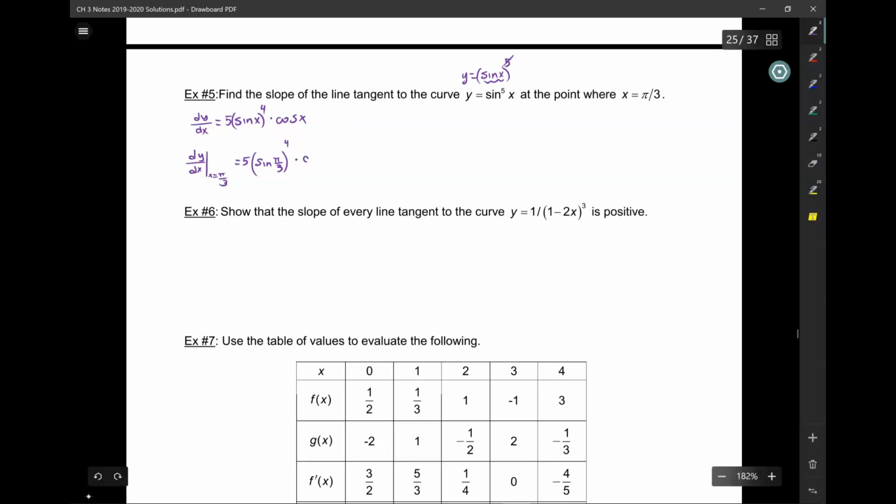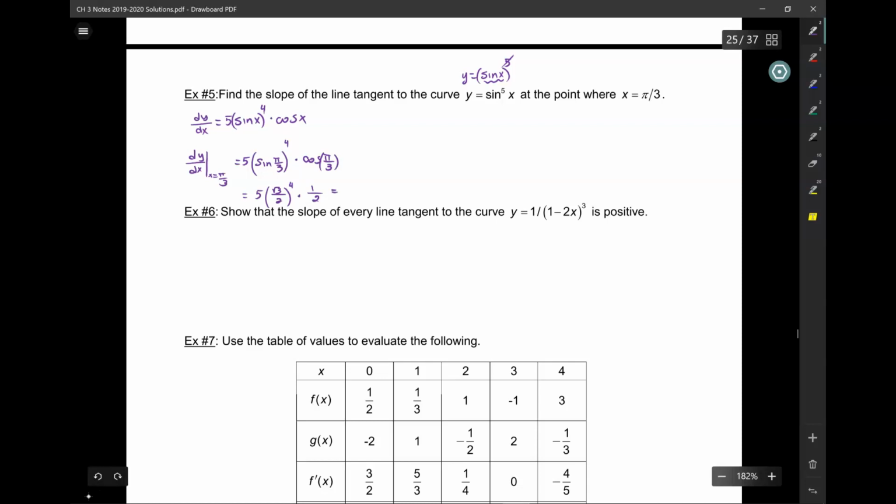So 5 times sine of pi over 3, which is root 3 over 2, to the power of 4, times cosine of pi over 3, which must be the other one, a half.